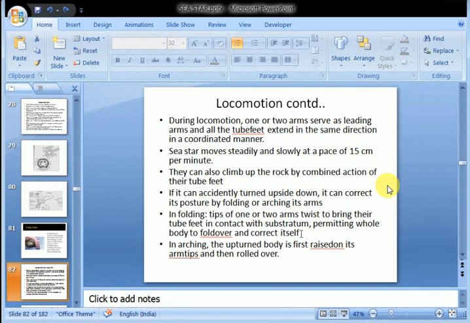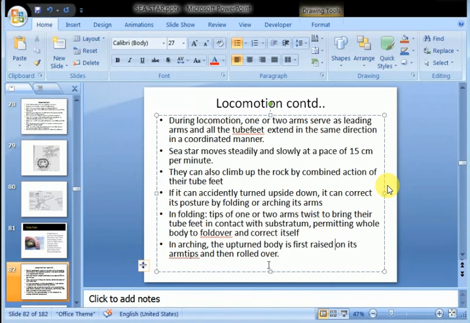And then the whole body is folded over and corrects itself. And in arching, the upturned body is first raised on its arm tips, and then it is rolled over.